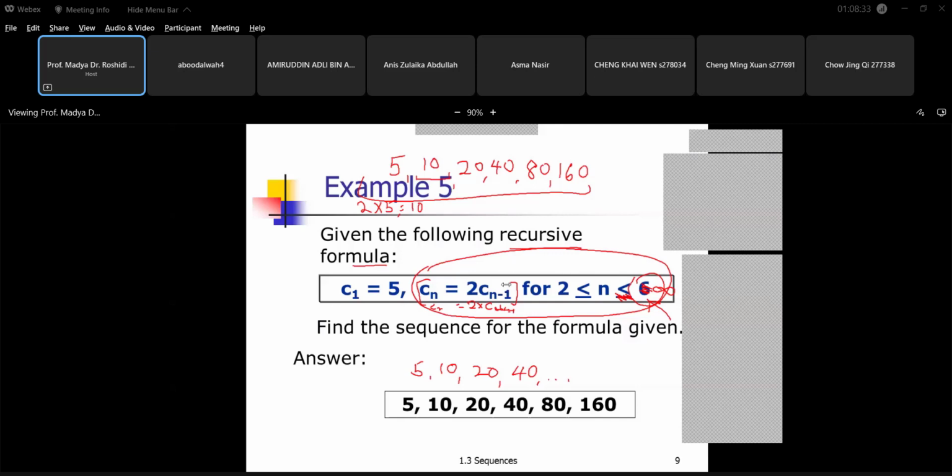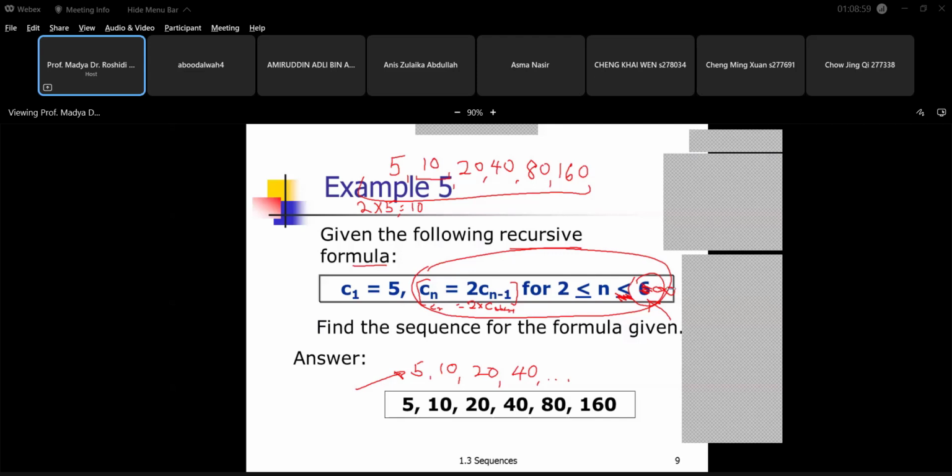If the formula has no equal and here infinity, the answer will be like this one. Once you change just a little bit of value in the formula, the representation of the sequential will be changed just a little bit.